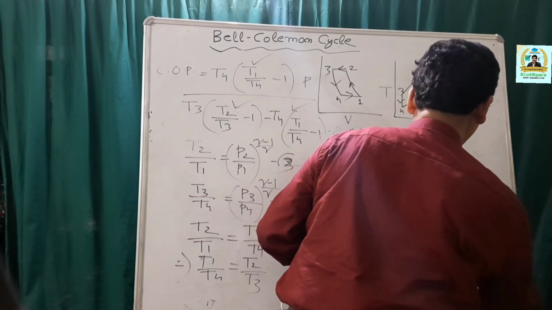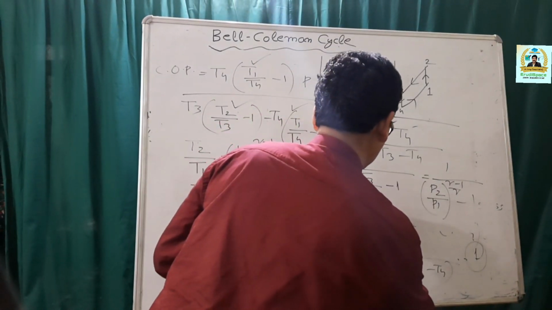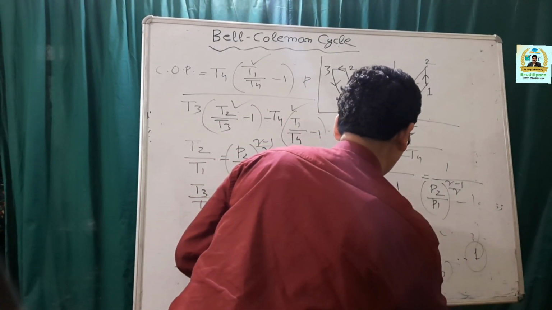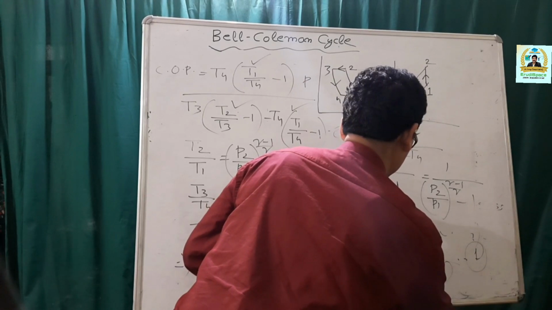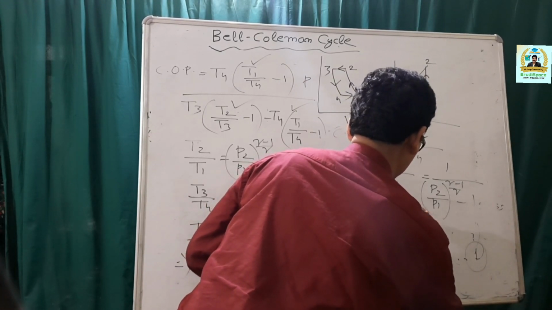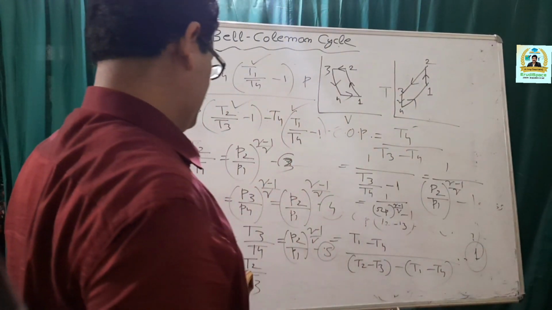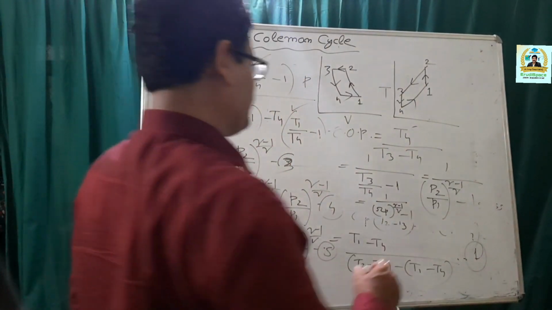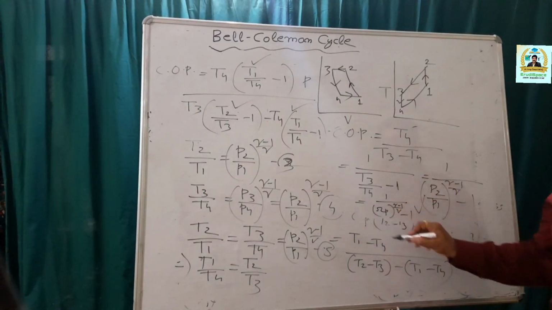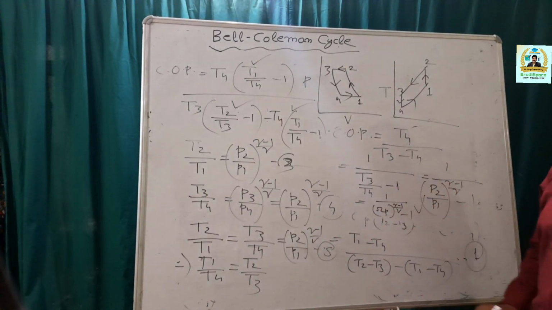But what is P2 by P1? You can take this as your pressure ratio. So this becomes 1 upon Rp to the power gamma minus 1 by gamma, minus 1. And this expression actually represents the coefficient of performance of the Bell Coleman cycle in terms of pressure ratios.